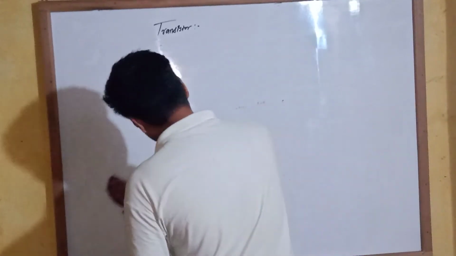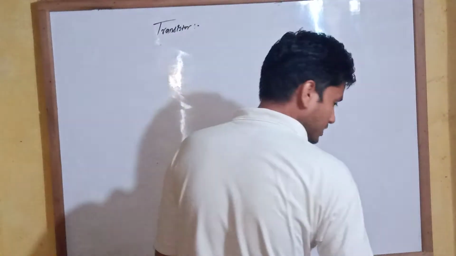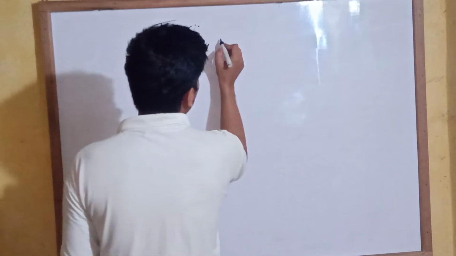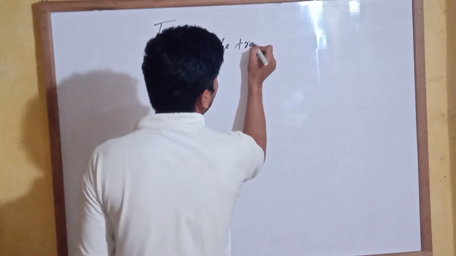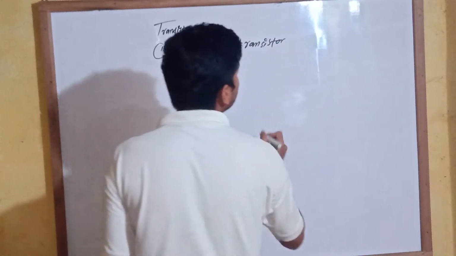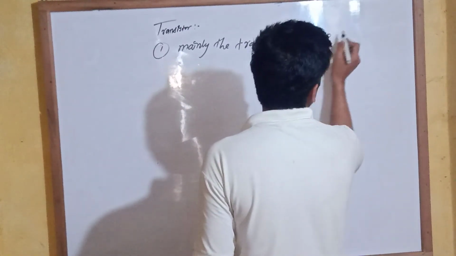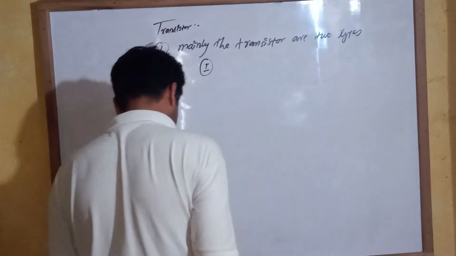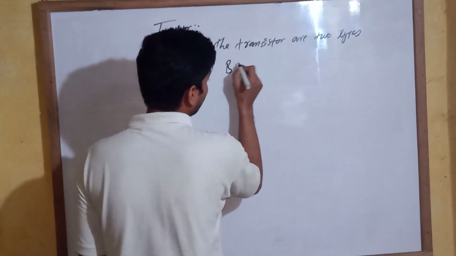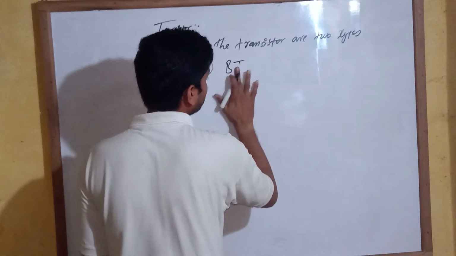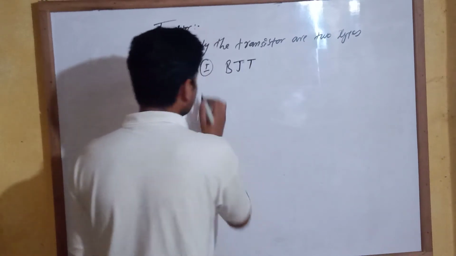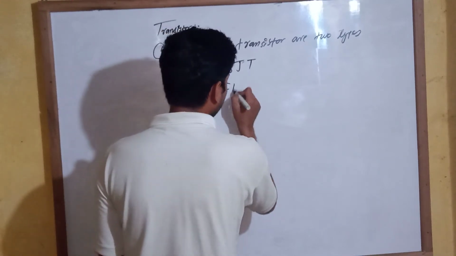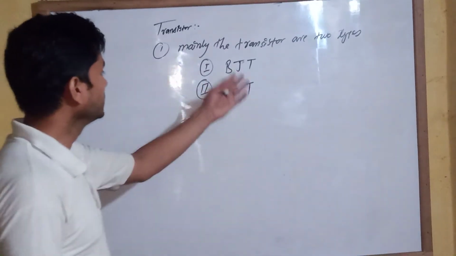The first one is the bipolar junction transistor, and the second one is the field effect transistor, BJT and FET.